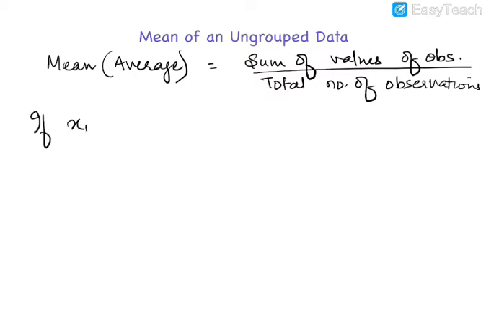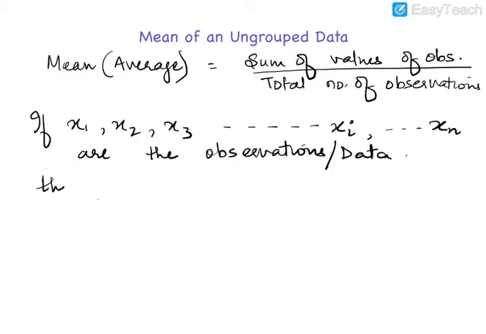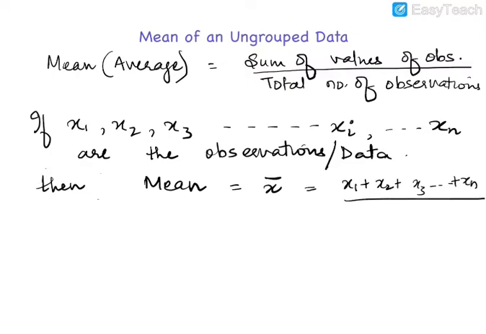So if x1, x2, x3 and so on, xn are the observations, then the mean, which we will denote by x bar, is given by x1 plus x2 plus x3 and so on plus xn divided by n. There are n number of observations in this data. So this is an ungrouped data.